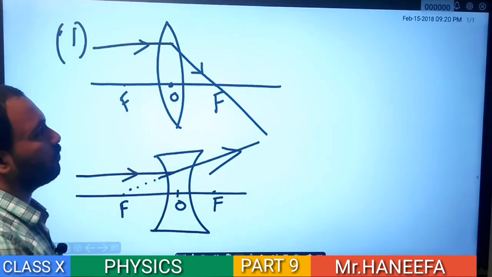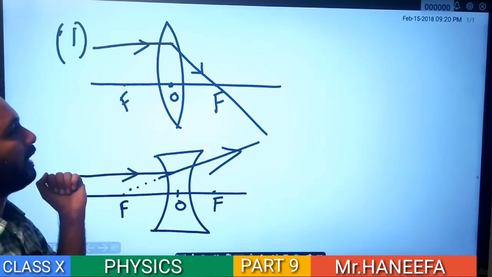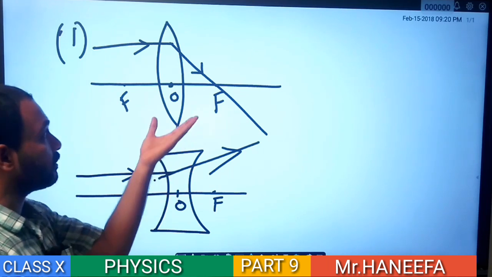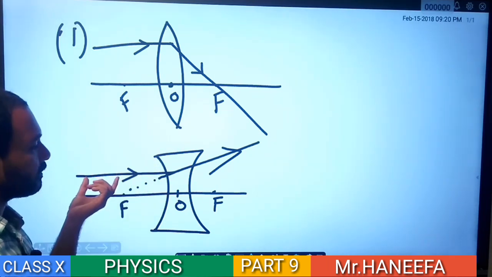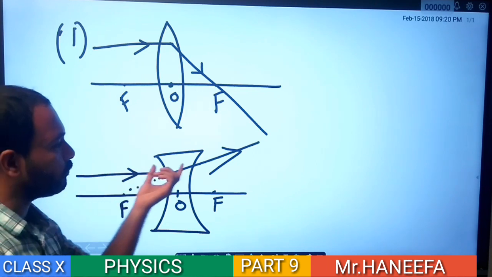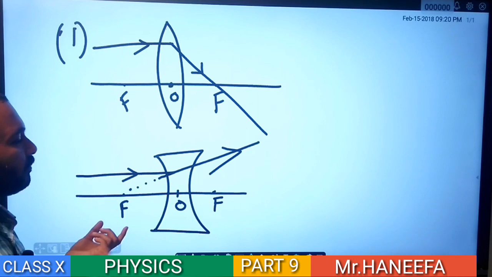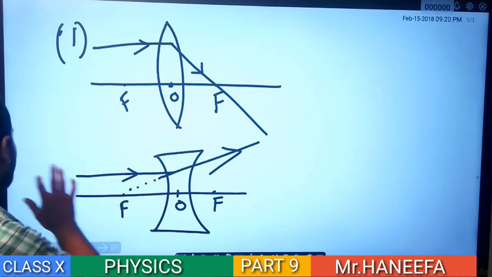This is the first rule. What is the first rule? A ray parallel to the principal axis, after refraction it passes through the focus in the case of convex lens. In the case of concave lens, after refraction it seems to diverge from the focus.